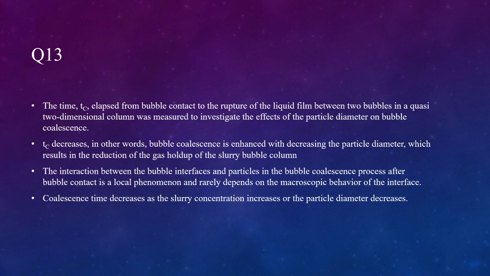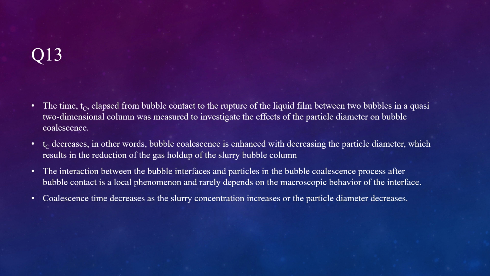So the bubble coalescence is enhanced with decreasing particle diameter. Therefore, Tc, or the contact time, is also decreased. In other words, bubble coalescence is enhanced with decreasing particle diameter, which results in the reduction of gas holdup of the slurry bubble column.